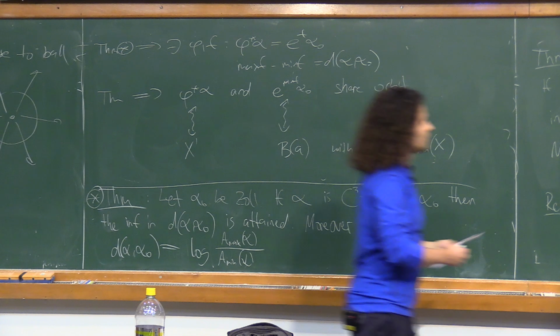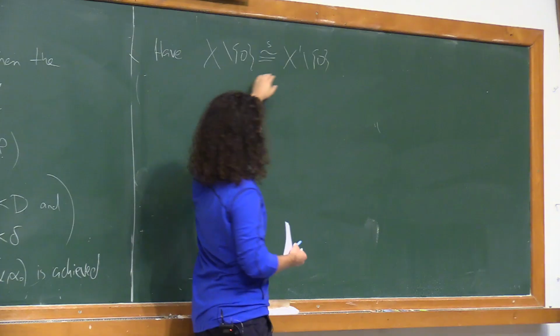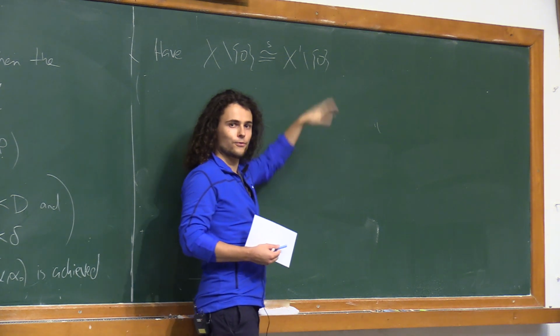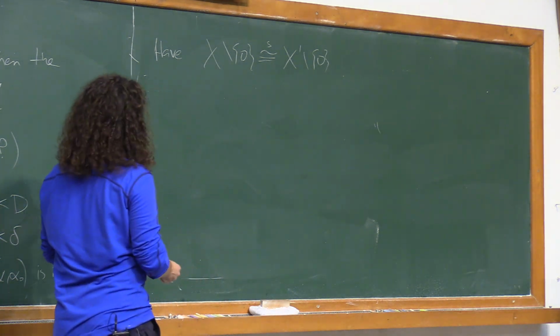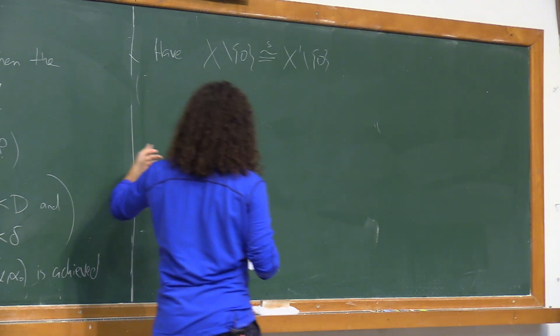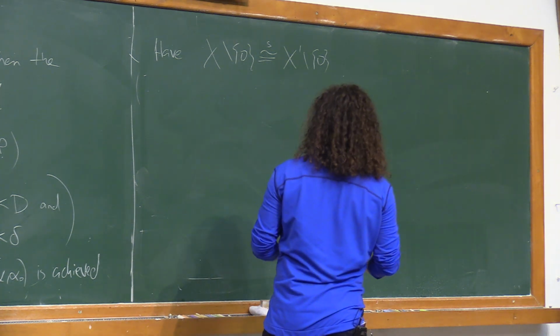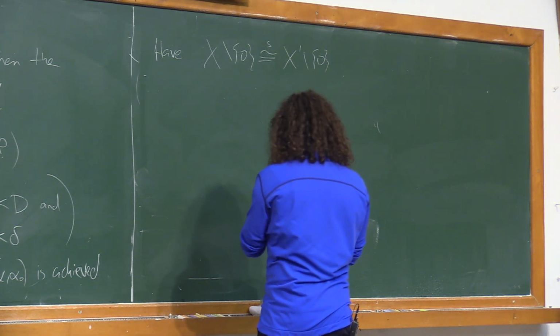A very annoying thing is that in higher dimension, I cannot conclude that x is symplectomorphic to x prime. In dimension 4, that's a result of Gromov-McDuff that uses pseudo-holomorphic foliations that lets us conclude this. In higher dimension, we don't know. But it turns out we don't need to know. So we can simply do the following.